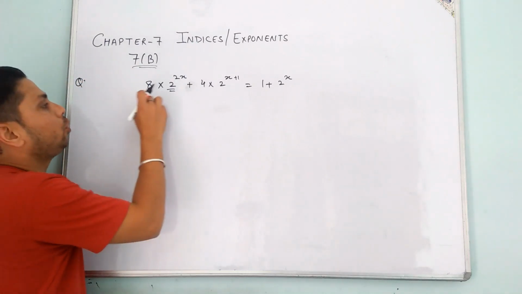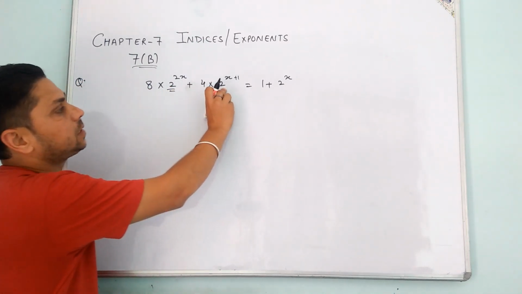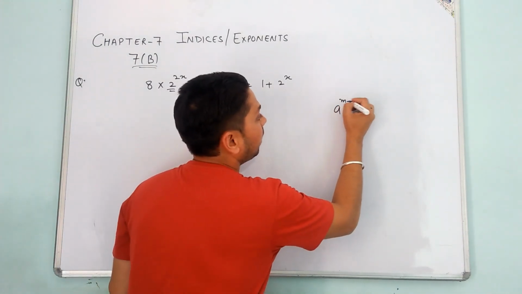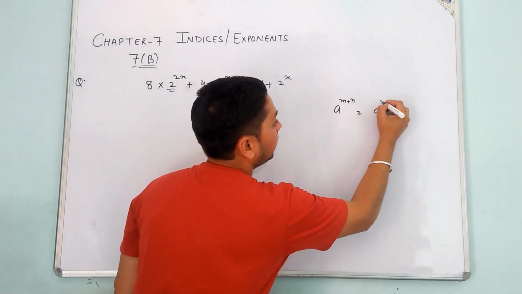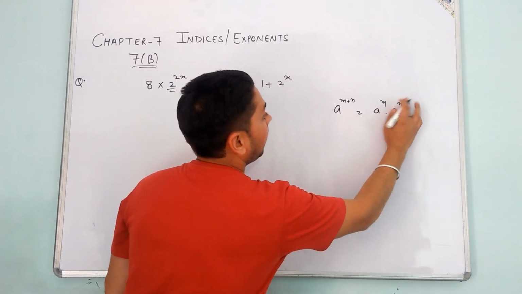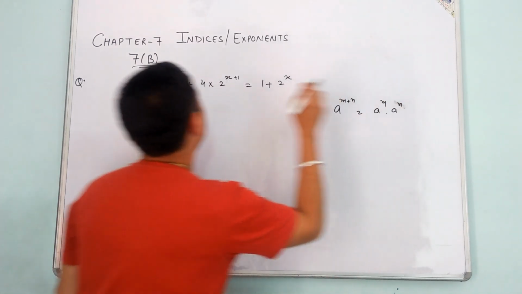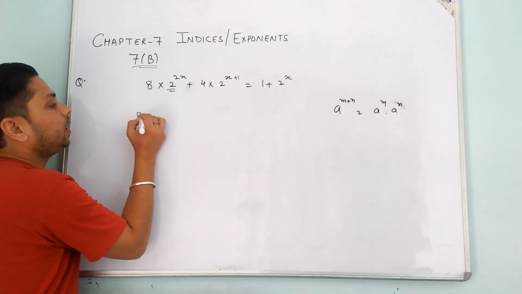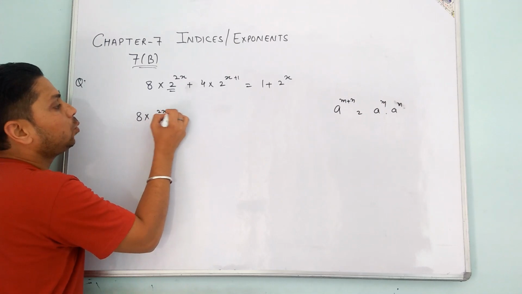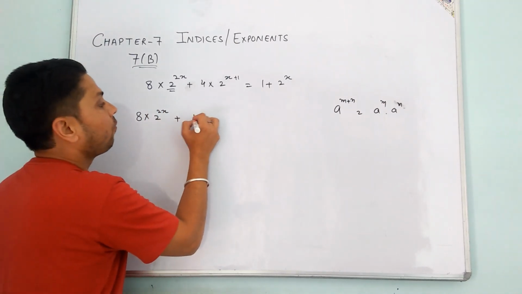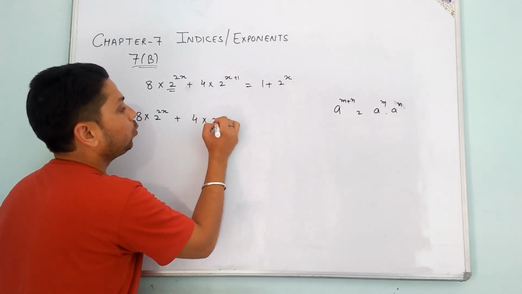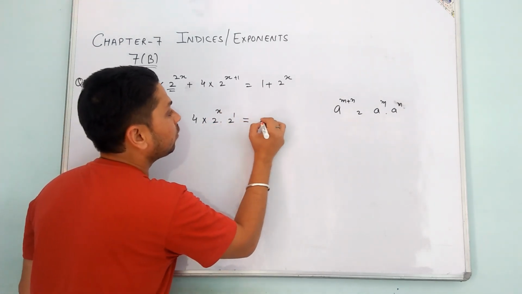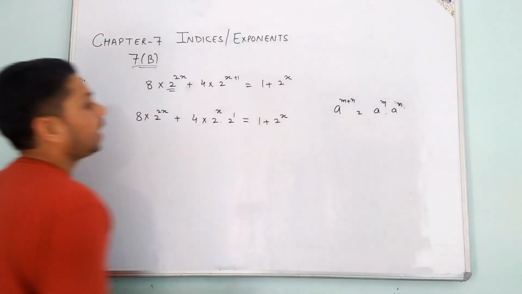Now what we are going to do, first we will split this term 2 raised to power x plus 1 by a raised to power m plus n is equal to a raised to power m into a raised to power n. Using this property, I am going to split this 2 raised to power x plus 1. 8 multiplied by 2 raised to power 2x plus 4 multiplied by 2 raised to power x into 2 raised to power 1 is equal to 1 plus 2 raised to power x.